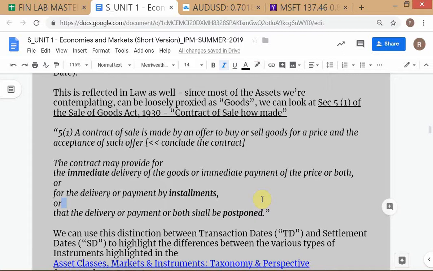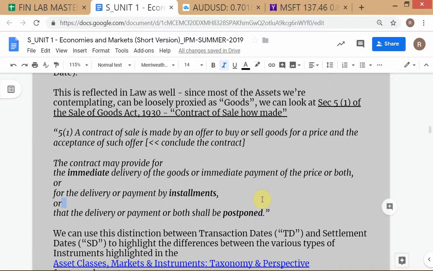Now, as you can see, even in the Sale of Goods Act, it is possible that the exchange of assets will be immediate following the conclusion of the contract, which means that the actual exchange of assets can happen on the same day as the day on which you finalize the contract. But even in such a case, we say that the transaction date and the settlement date happen to be the same.